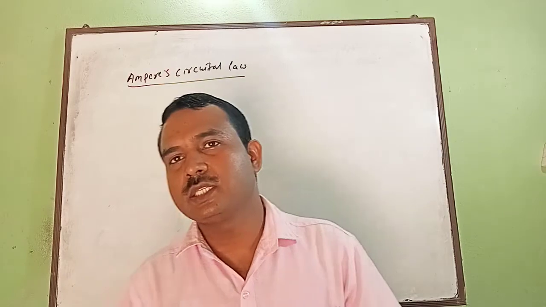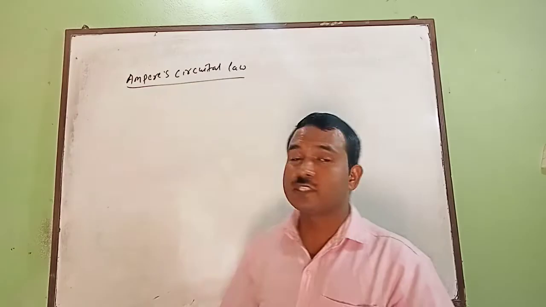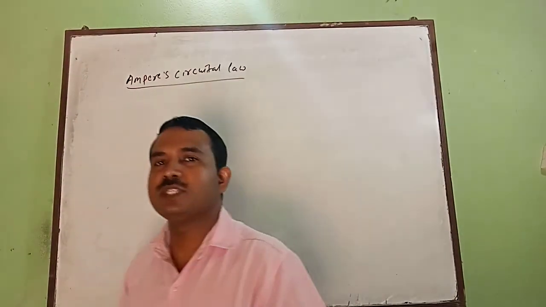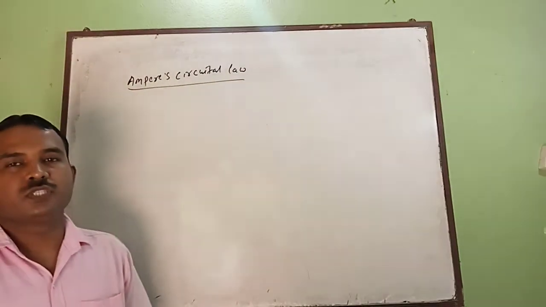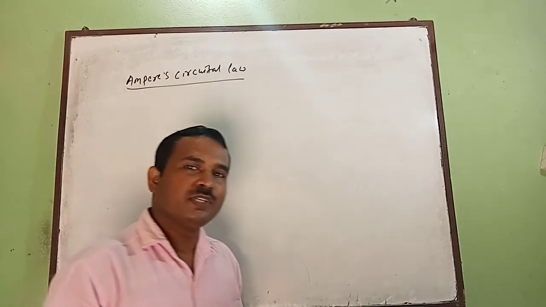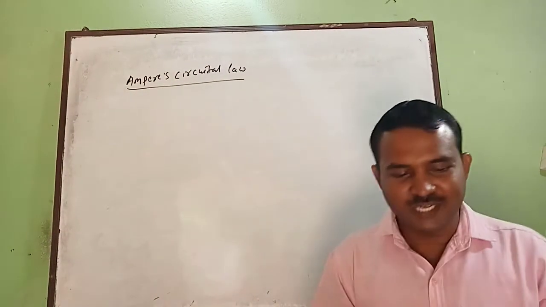Now come to the points. We can write the definition of Ampere circuital law. Anybody, can you say what is the statement or definition of Ampere circuital law? Okay, you can write.